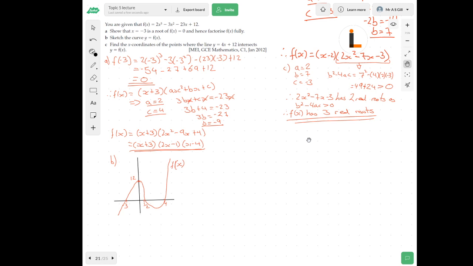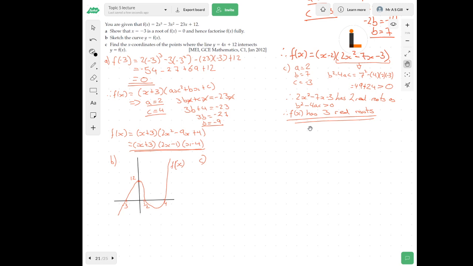And then part C is a simultaneous equation question.